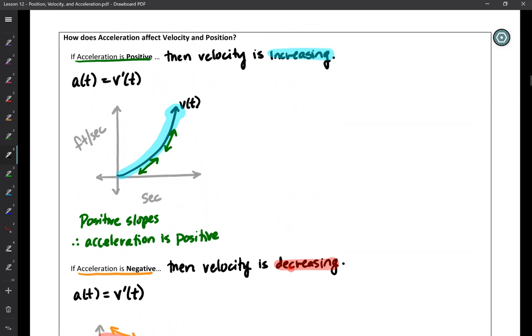What I want to now do is say, we were looking at velocity curves and seeing, oh, if velocity is increasing, acceleration is positive. Those are equivalent statements. But what about position? If acceleration is positive, velocity is increasing, and position is what we call concave up.